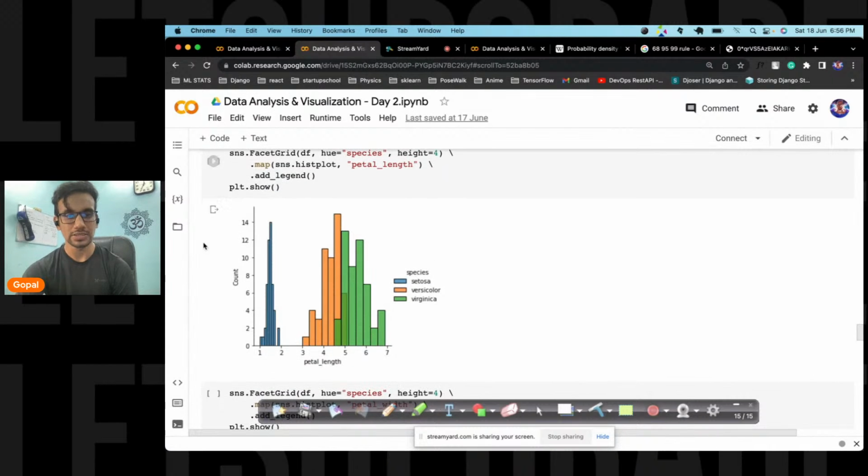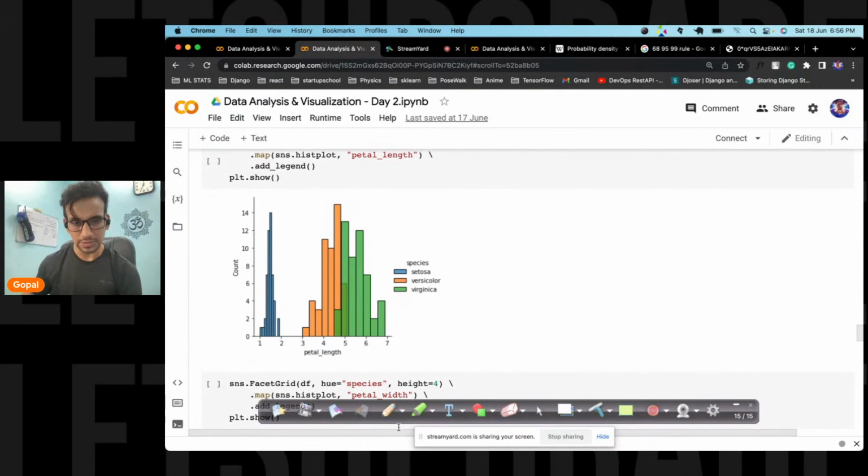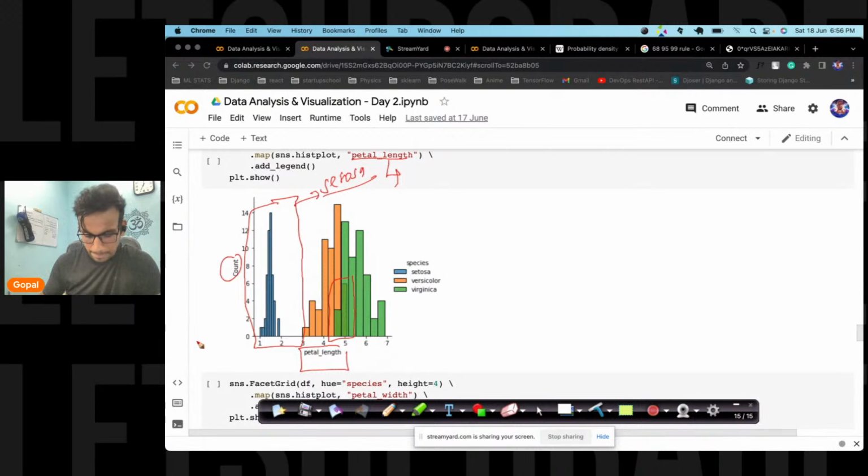We've got this certain data here. If you notice this certain part, again, this is your Setosa. And here we have some overlap again, and we are plotting our petal lengths. All these values are your petal length, and the frequency is on the y-axis.